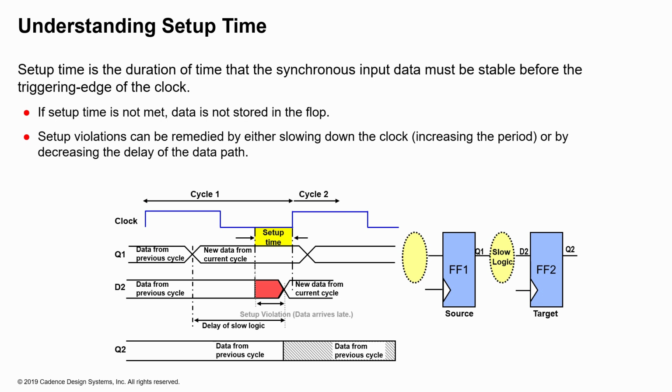So the Q1 data from the previous cycle is changing before the rising edge of cycle 2 of the clock. Because the new data is already arriving, the data is not going to be saved into the target flop.